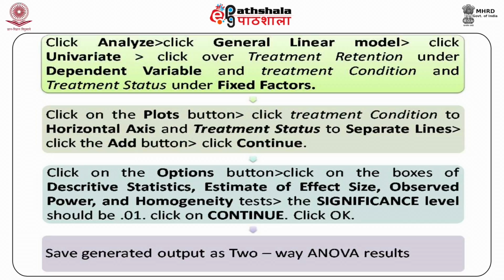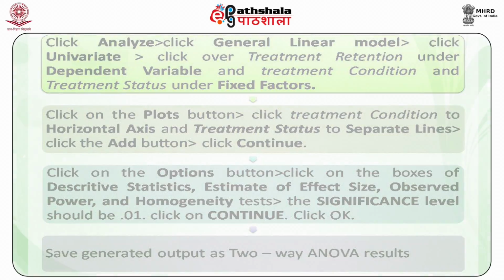Click the Add button, click Continue. Click on the Options button, check the boxes for descriptive statistics, estimates of effect size, observed power and homogeneity tests. The significance level should be 0.01. Click on Continue and click OK. Save the generated outputs as two-way ANOVA results.